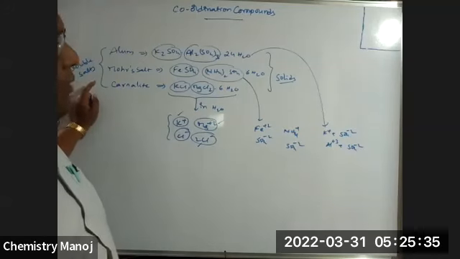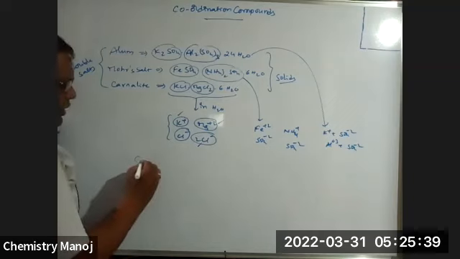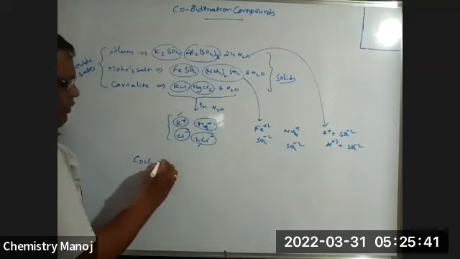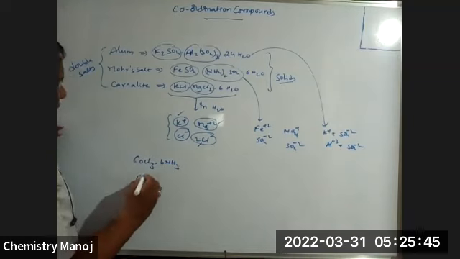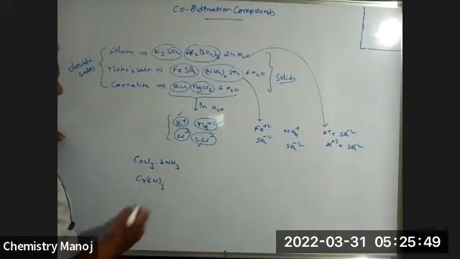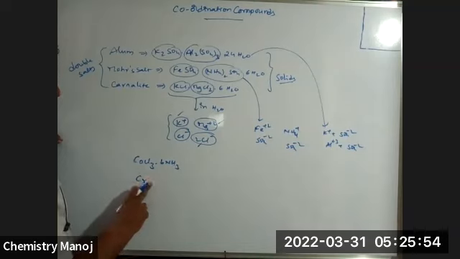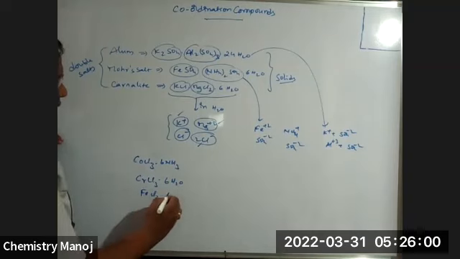But at that time, scientists knew that some compounds exist, like CoCl3, 6NH3. Next, CrCl3, 6H2O, FeCl3, 6H2O.